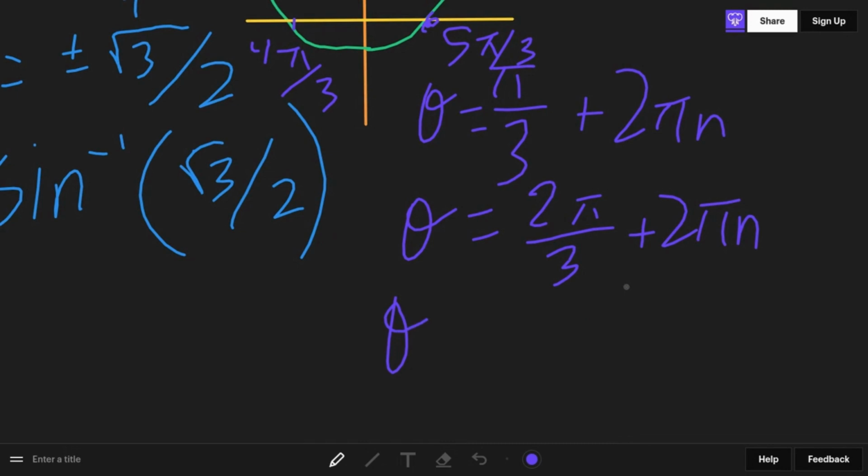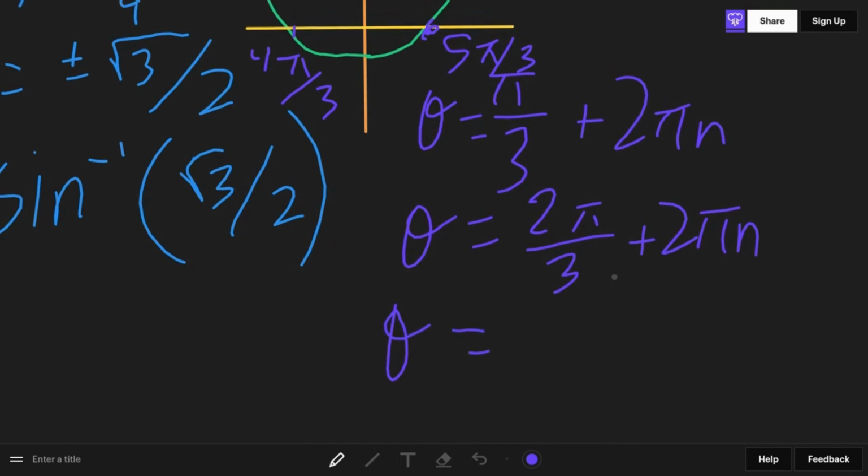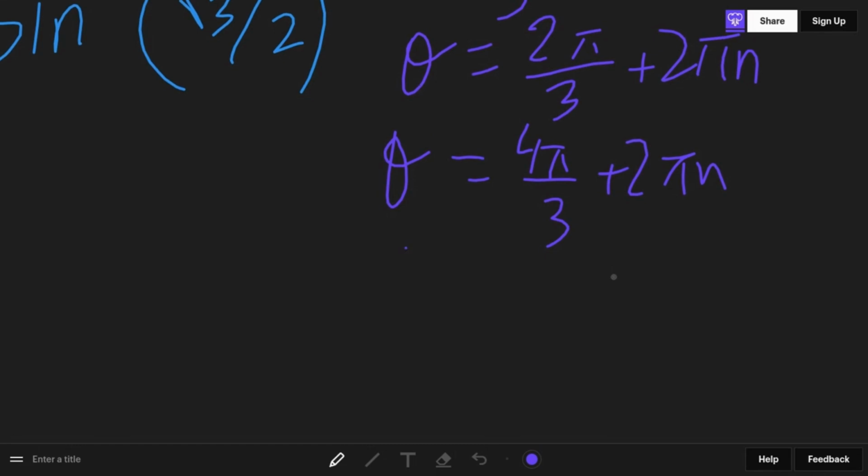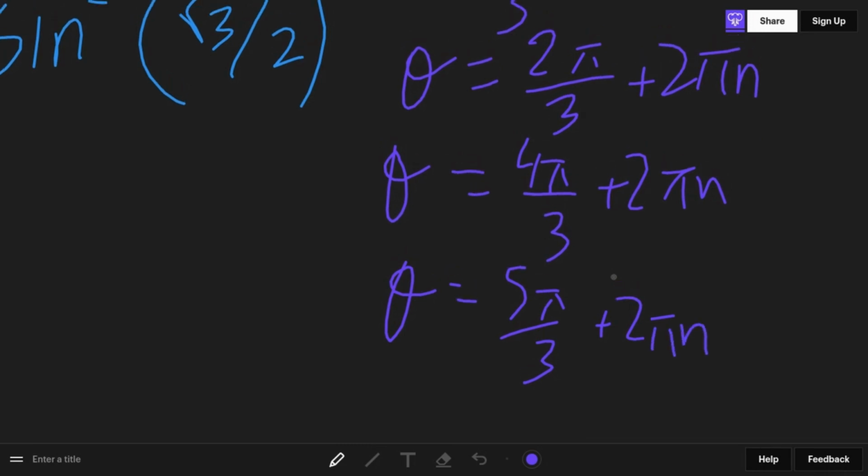While I could continue saying plus 2 pi n for all of these angles, and then another one for 5 pi, there's another way to keep it simple.